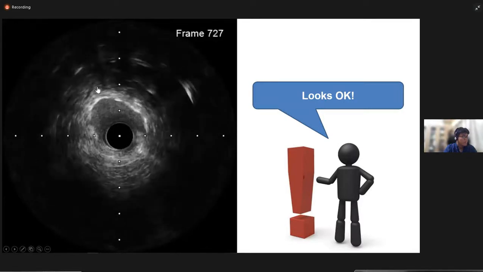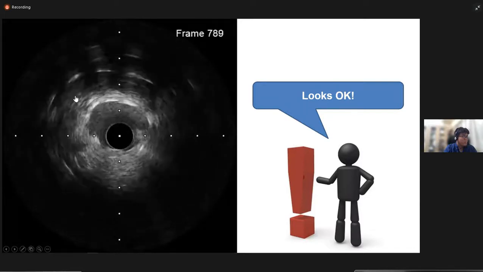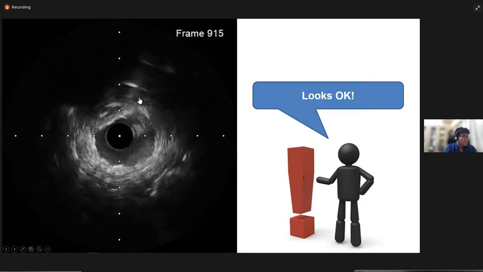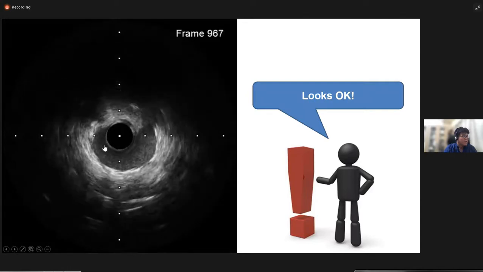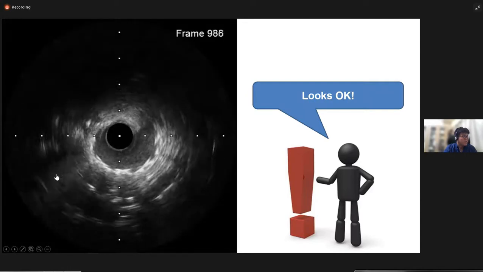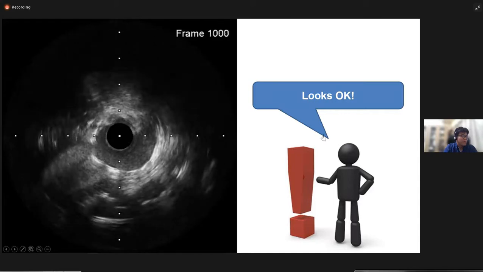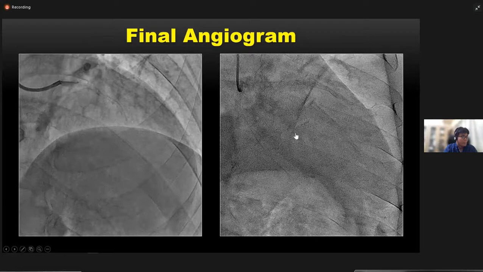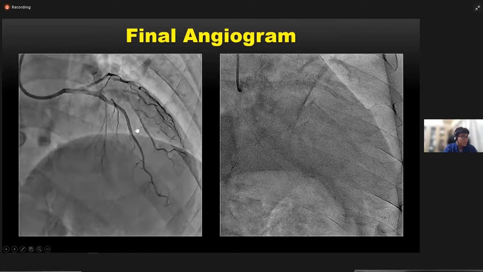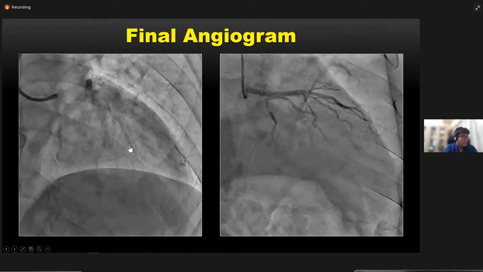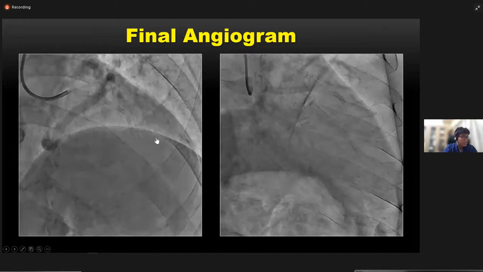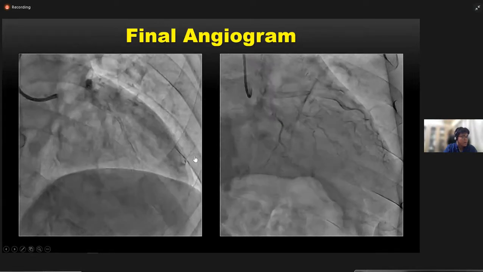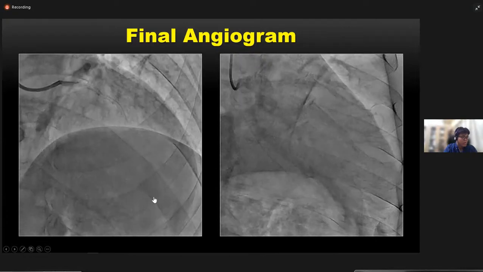Where is the diagonal branch? Right, this is the diagonal branch. After that, we perform KBI. This is the final angiogram. So we can obtain a good result, even in the severely calcified eccentric plaque.